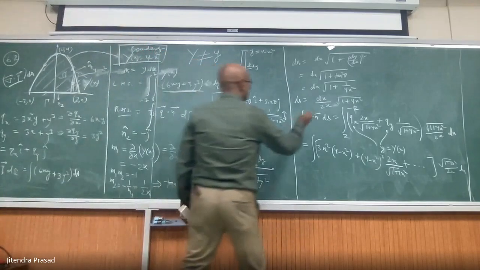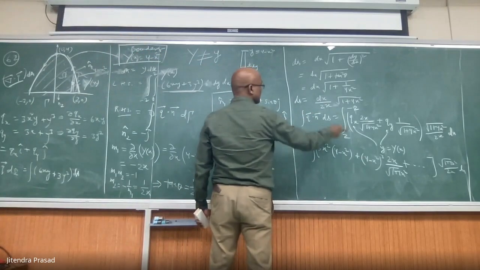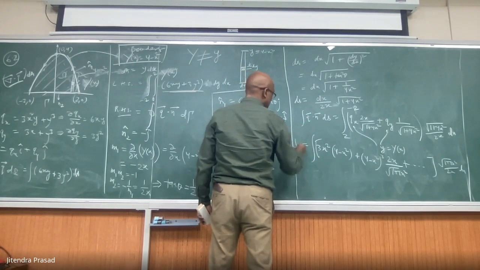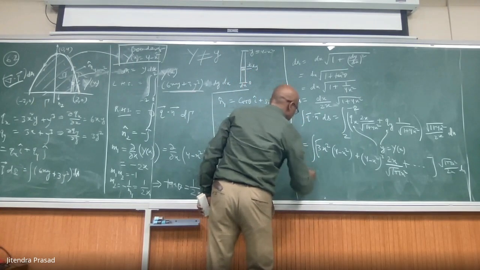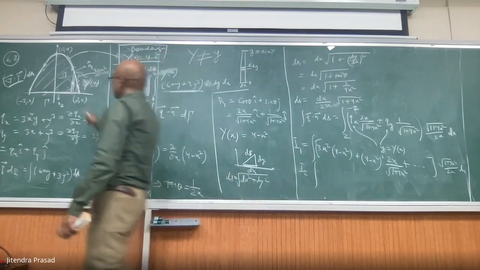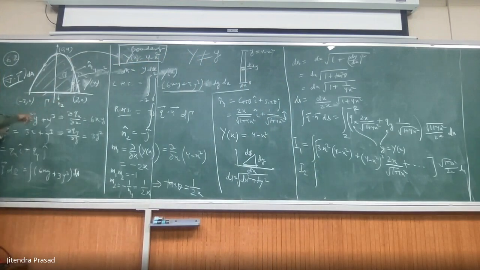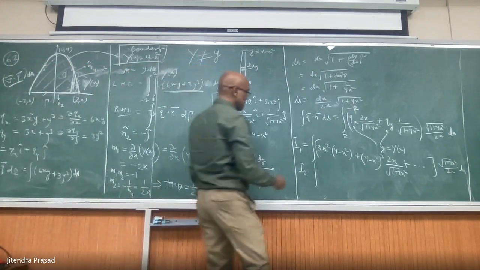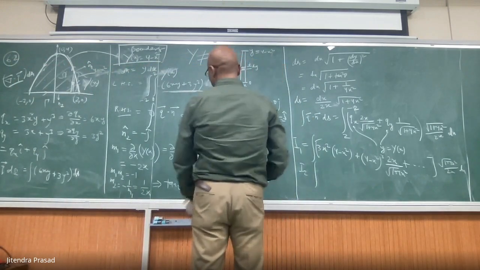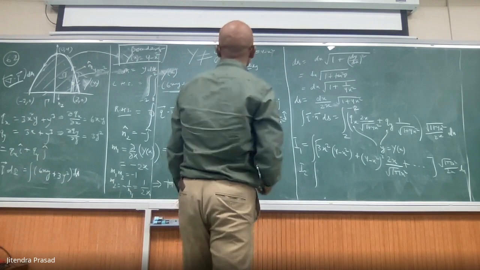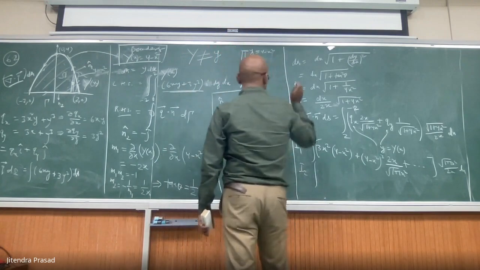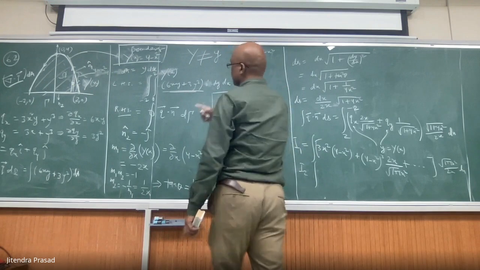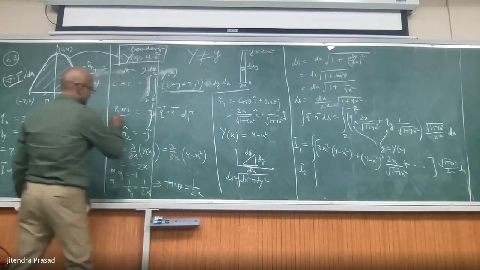Now this is the first one. Second one is this one, and in that case n2 is equal to minus j, right? So we already found out n2 somewhere.